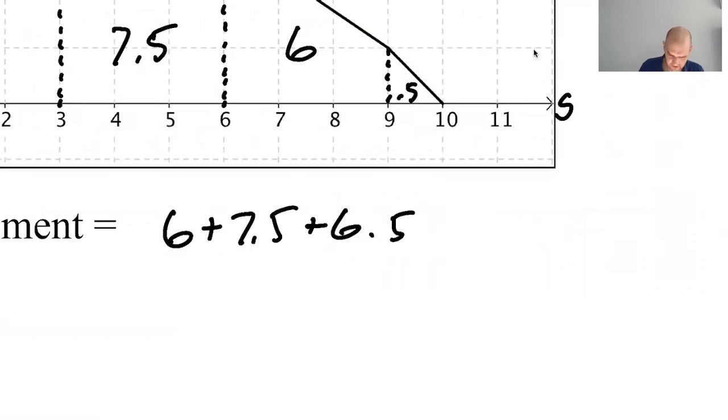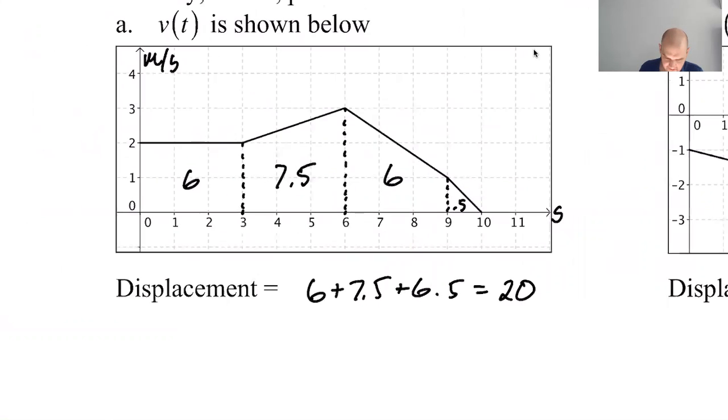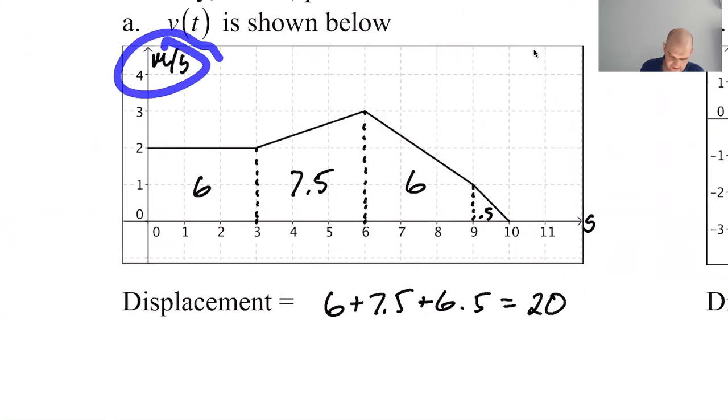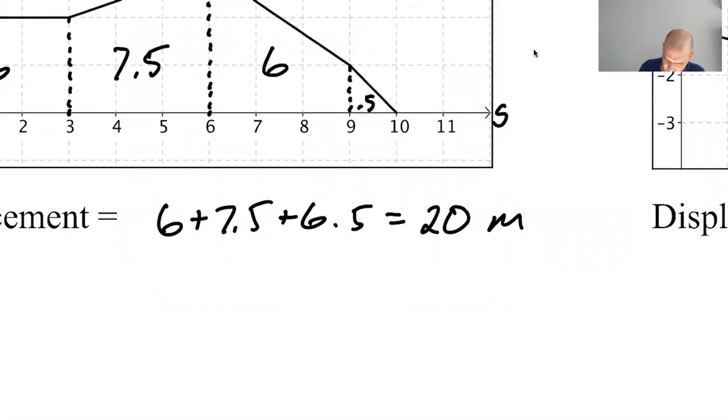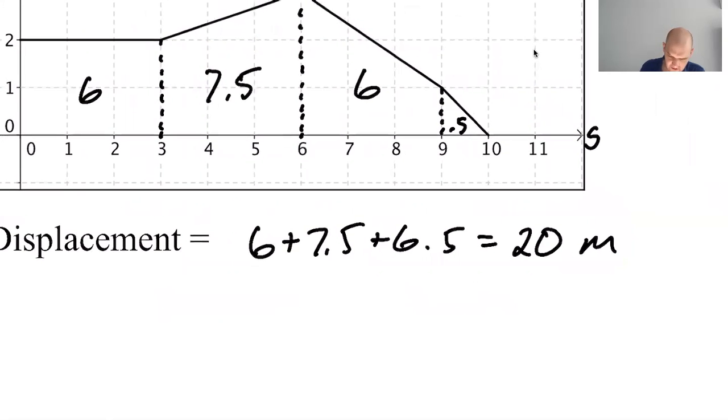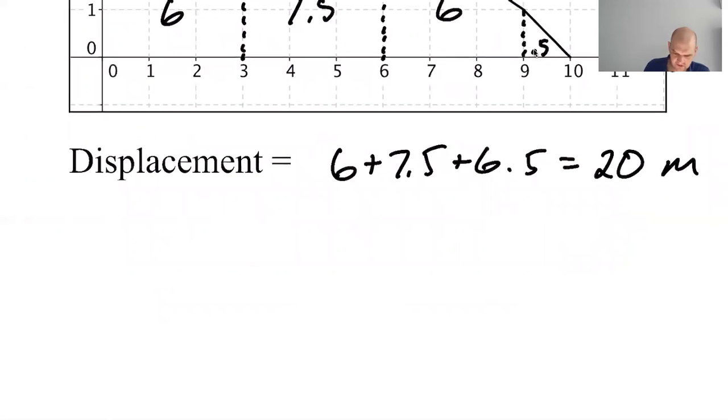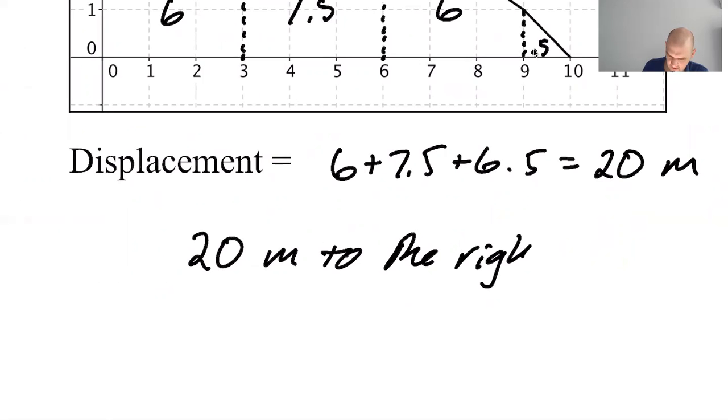Okay, 6.5, sure. Is, I don't know, 12, 19, I think 20. 20. And then the units are going to be meters per second times seconds, which is just meters. So should I check that again? I guess 12 and 8, yeah, 20. So 20 meters to the right of where you started.